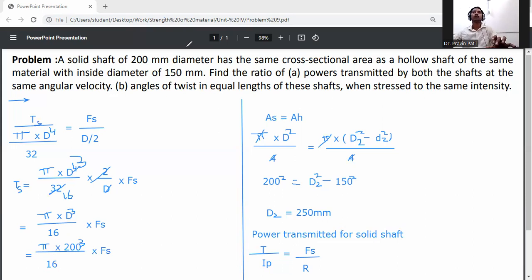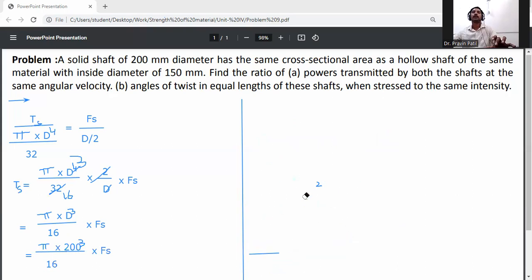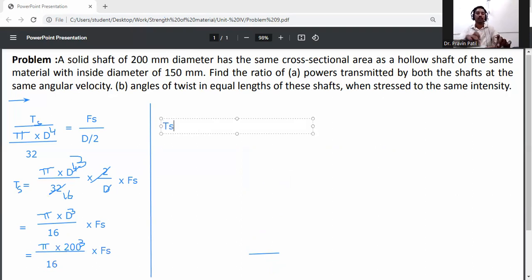So Ts is equal to pi into 200 cube divided by 16 into Fs.